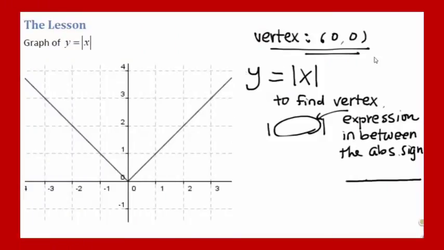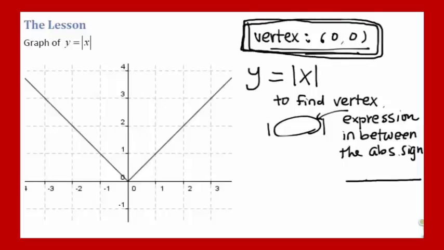In this example equation, the vertex is 0, 0, and y equals the absolute value of x. We plotted the vertex on the graph already.